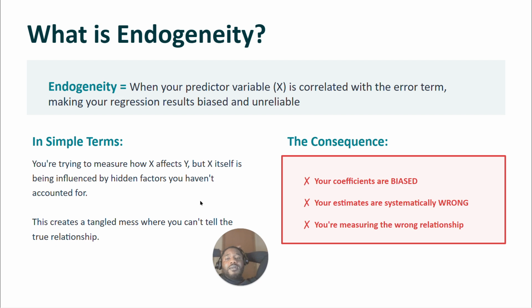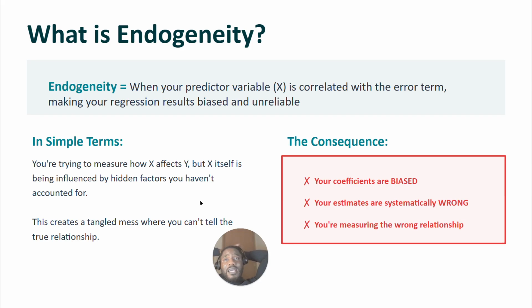Like I said, endogeneity occurs when your predictor variable, the independent variable, that is your X, is correlated with an error term in your regression. Now, what does this mean in plain English? Think of it this way: you're trying to measure how X affects Y, but X itself is being influenced by some hidden factors that you haven't accounted for.